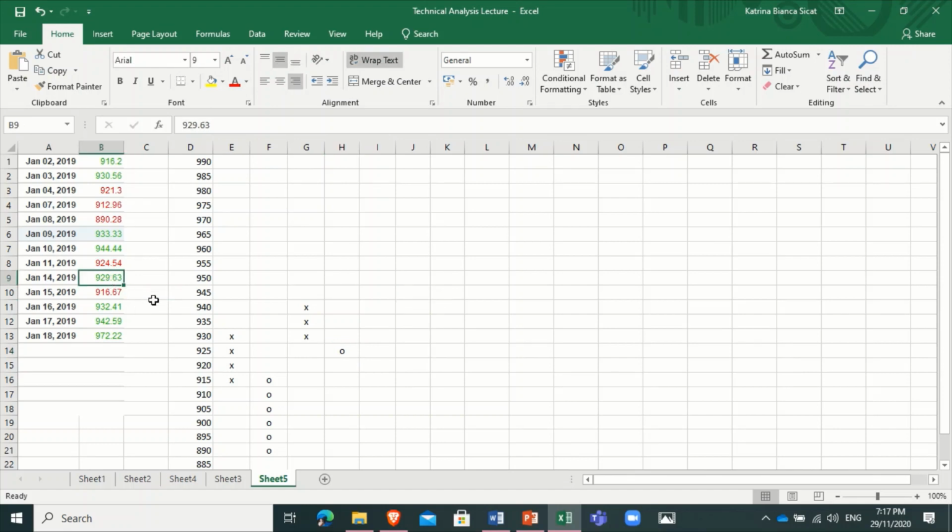And then from here, 924 to 929. Ito for sure walang reversal to. No? And then 916. Okay, dito siya. Okay, 916. Bumaba pa rin. Okay. And then after 916, 932.